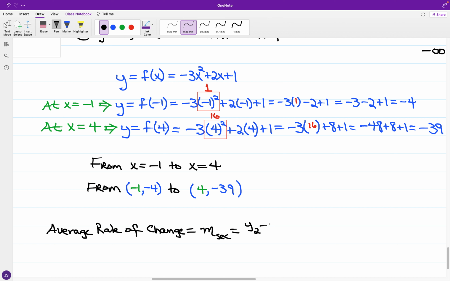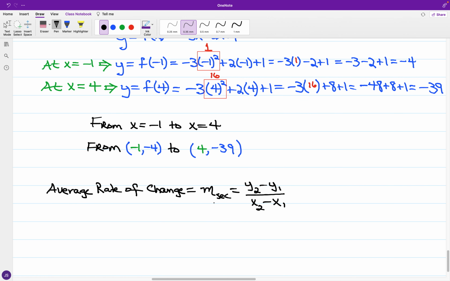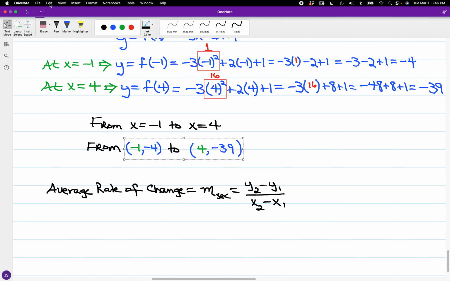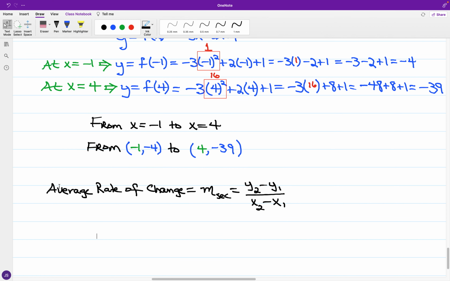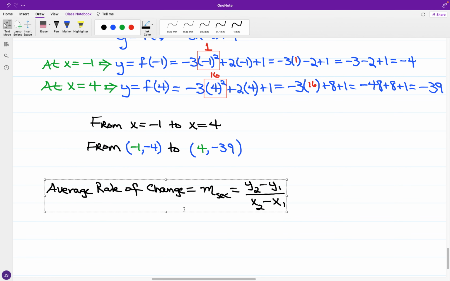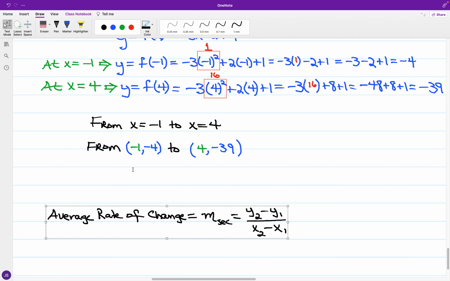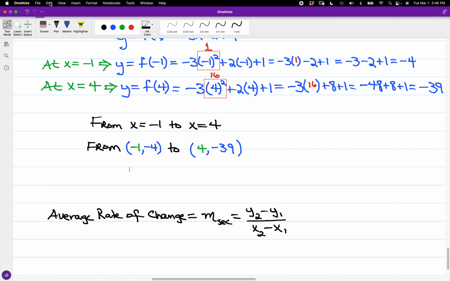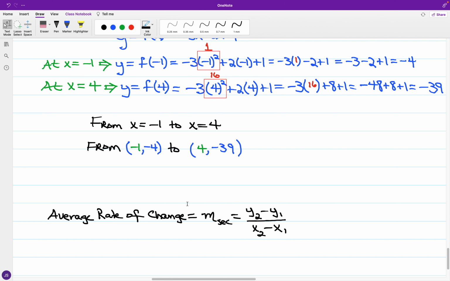All right, so you have y of 2 minus y of 1, all over x of 2 minus x of 1. Again, just identifying what we're going to have for the first and second sets of coordinates. In this case, for negative 1, negative 4, we'll just have this as the first set.